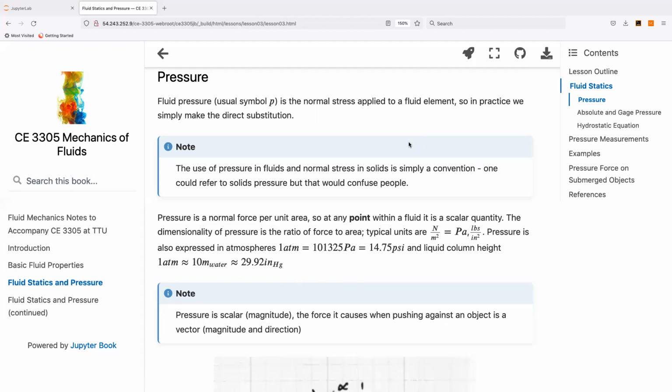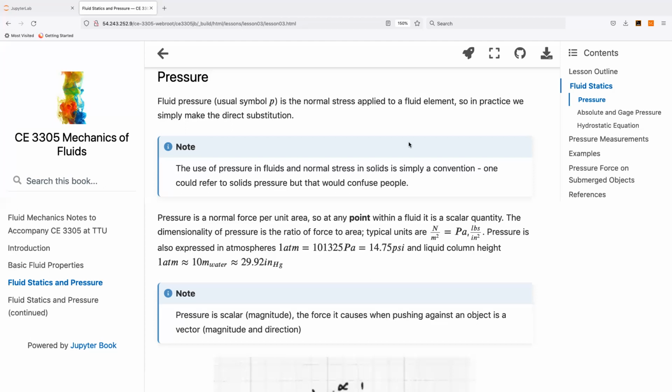The dimensionality of pressure is force per unit area. Typical units are newtons per meter squared, which is also known as a Pascal, or pounds per square inch, which doesn't have another name. And pressure is also expressed in some other units, atmospheres, which is 101,325 pascals, or 101.325 kilopascals.